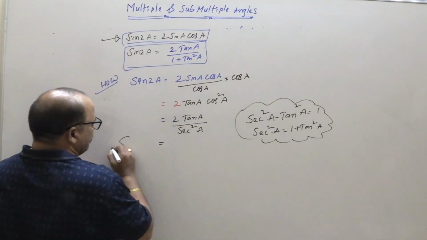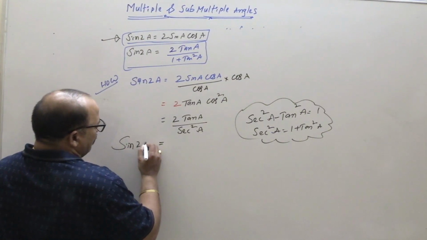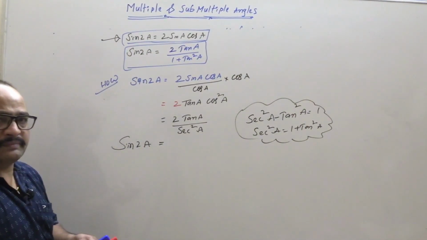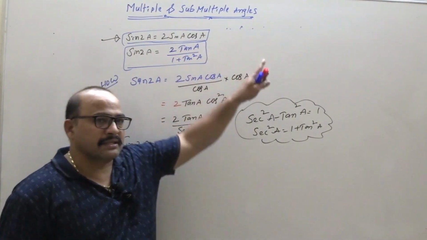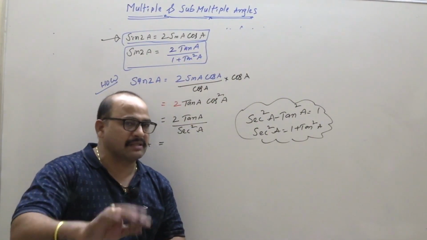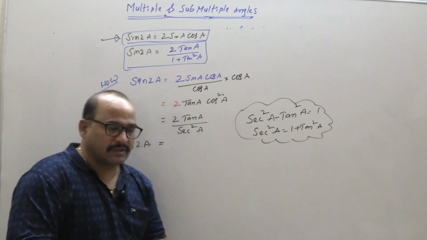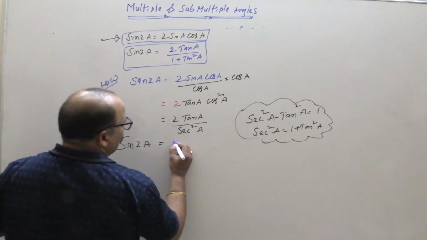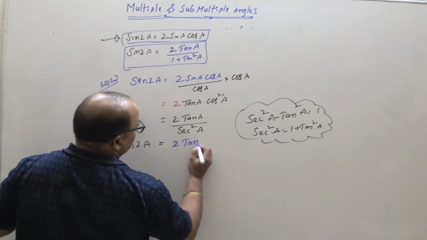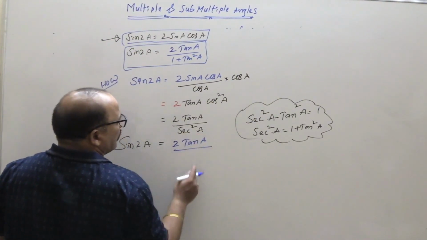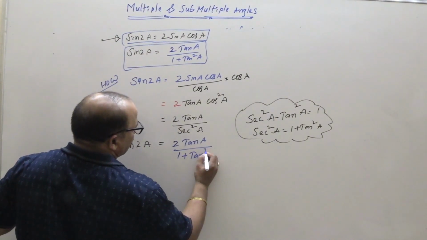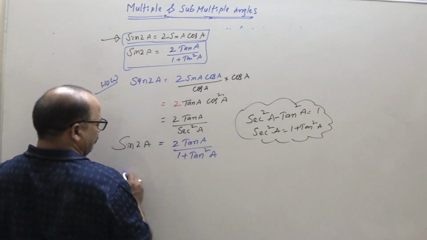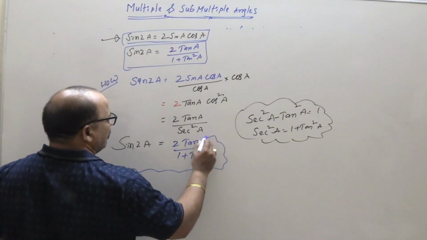So finally the answer, sin 2a formula in terms of tan: 2 tan a by secant square a. Secant square a can be written as 1 plus tan square a. Proof over, students.